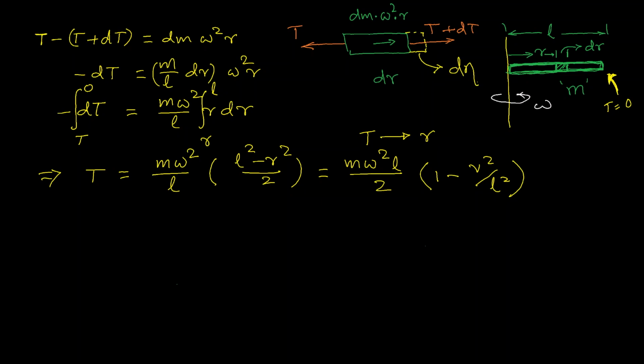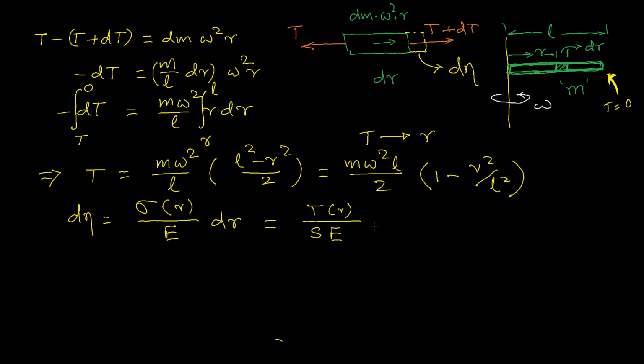Then d eta will be equal to the stress existing at a point r, over the Young's modulus of the material, times the length dr. That's how we get the elongation of that small elemental length, and sigma is nothing but T as a function of r over S, the area of cross section.